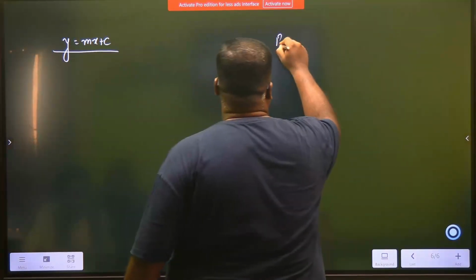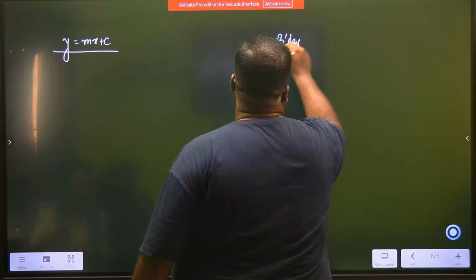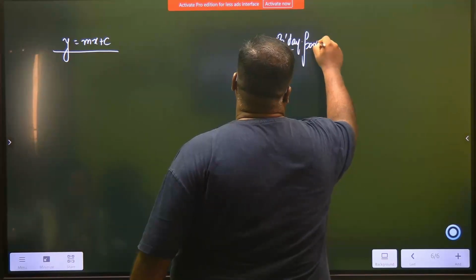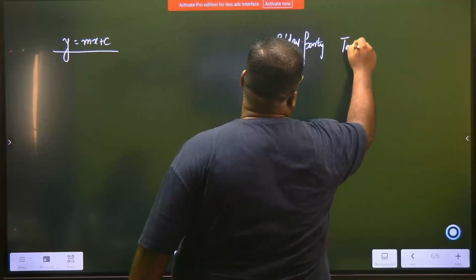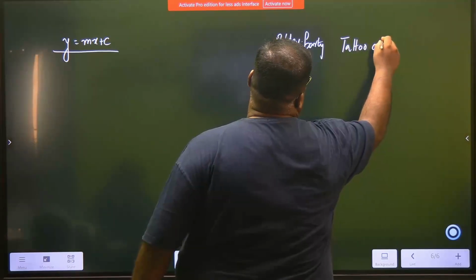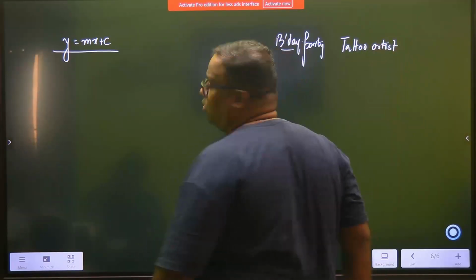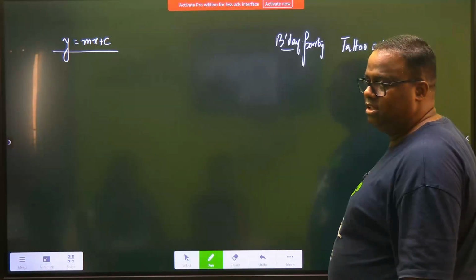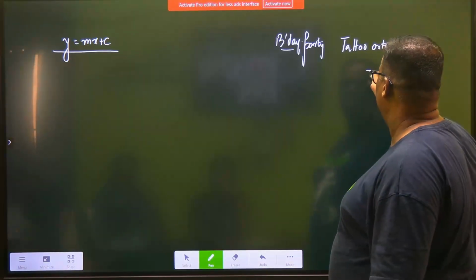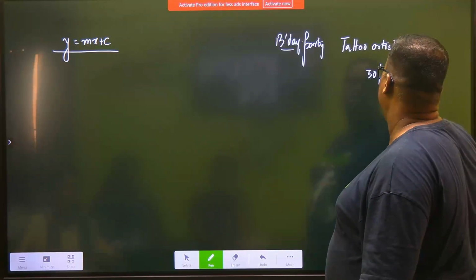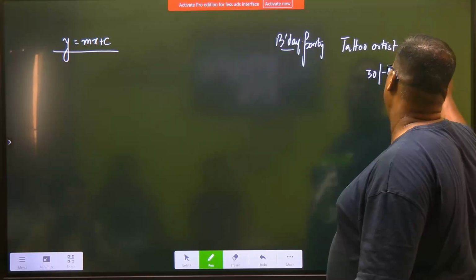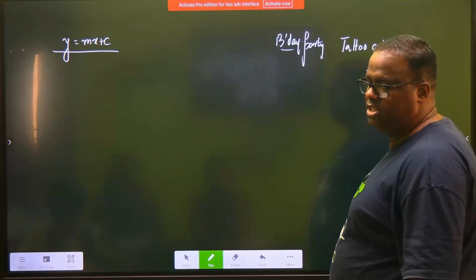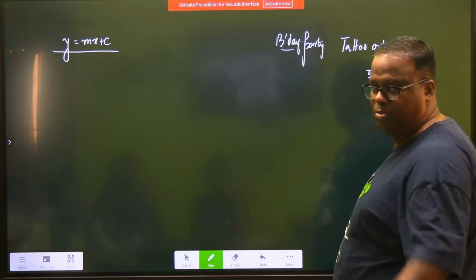I have a birthday party. And I hired a tattoo artist. And I start negotiating with the tattoo artist, saying that how will you charge? The tattoo artist tells me 50 rupees per child. I'll take. Every child who comes to me, there'll be 50 rupees.